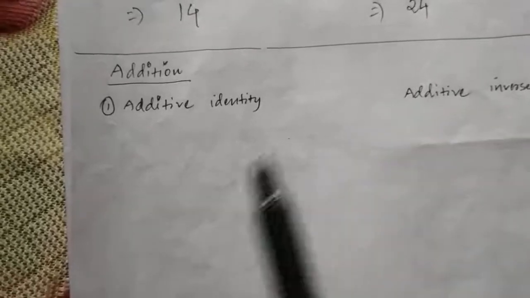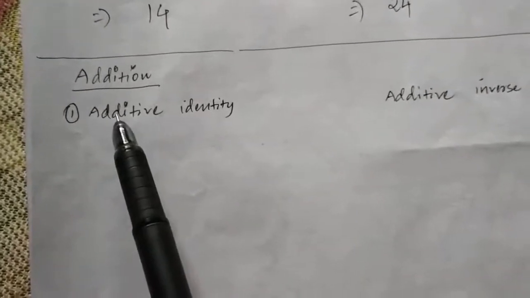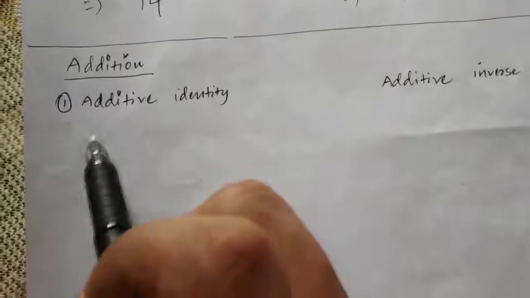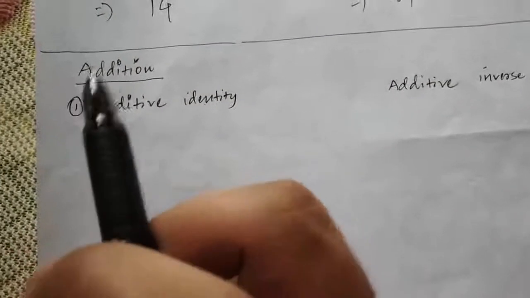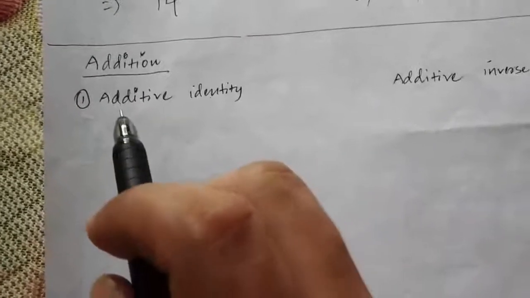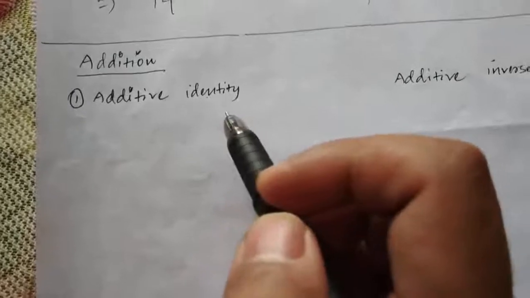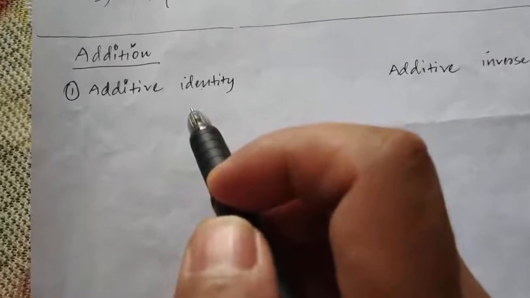So here we have some more properties of the addition, that is additive identity and additive inverse. So first we will see what is additive identity property of addition. In additive identity, whenever an integer is added to such an integer so that the answer will remain the same, that is known as the additive identity or identity element.